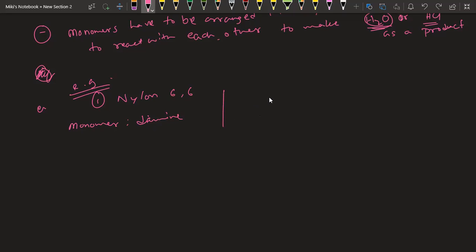So basically any molecule with NH2 on one side, then it could be CH2, CH2, CH2, let's say, and NH2. This could be a diamine, or it could be much smaller or much bigger. Let's say CH2 six times, then NH2. This is also a diamine. So any molecule having two NH2 groups is known as a diamine.